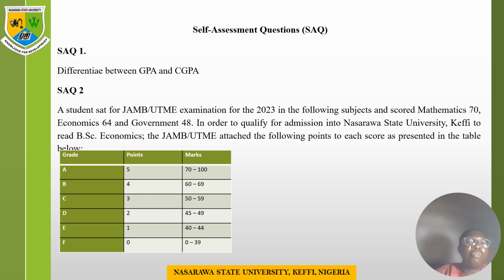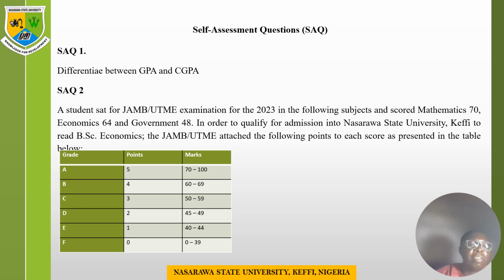A student sat for the JAMB/UTME examination in 2023 in the following subjects and scored: mathematics 70, economics 64, government 48. In order to qualify for admission into National State University, Keffi, to read BSc Economics, the JAMB/UTME attaches the following points to each score as presented in the table below.